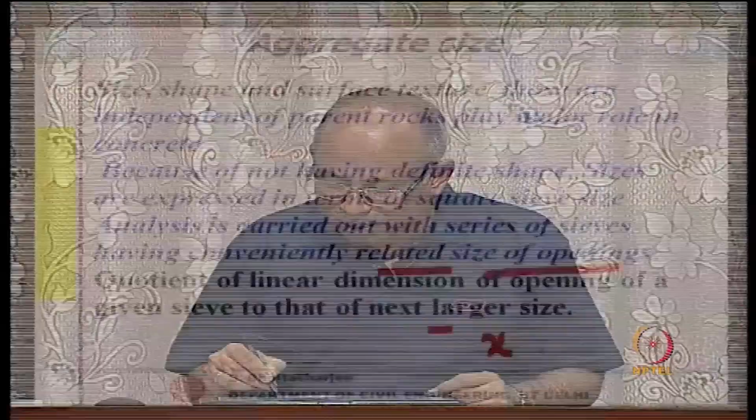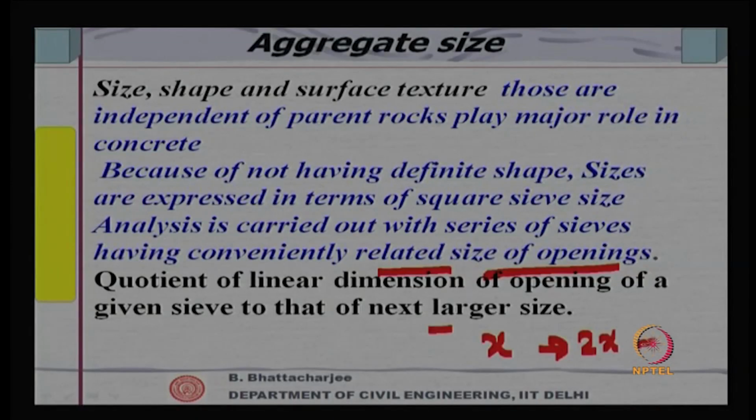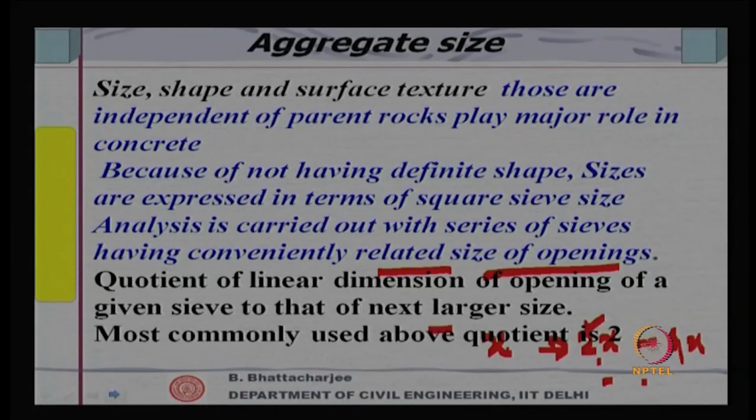So, it is x, 2x, 4x, 8x and so on. Well, the quotient therefore is 2. So, the quotient of linear dimension of opening of a given sieve to that of next larger size, this we keep constant, and most often we use this quotient as 2.